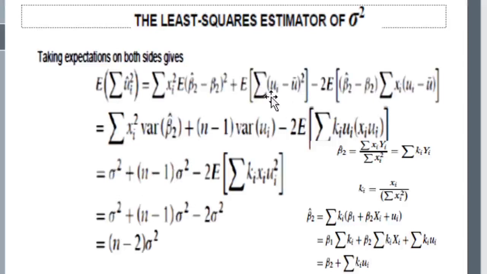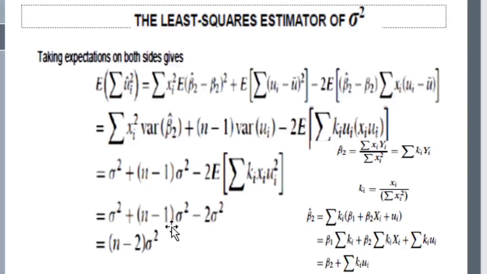This is the value for the expected value of sigma (ui minus u bar) the whole square, and the cross term, 2 times the expected value of (sigma ki xi ui) the whole square, can be written as 2 into sigma square. Then if we replace this bracket, we will get sigma square plus n sigma square minus sigma square minus 2 sigma square. Then sigma square and minus sigma square will cancel out. The remaining portion is (n minus 2) sigma square.